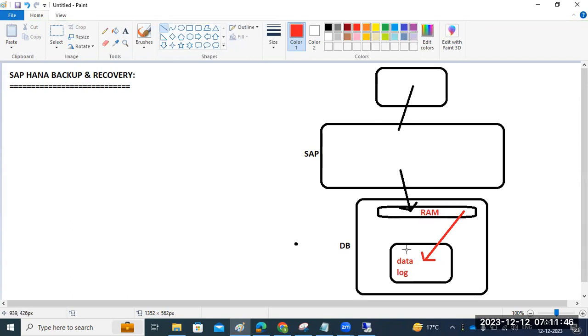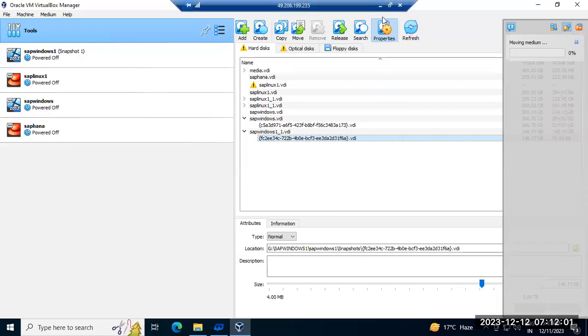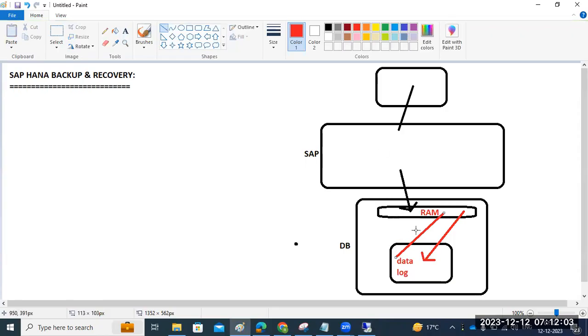So when the HANA database starts, all the data will be reloaded to the main memory first. That is why startup takes some time, and then HANA will be started.